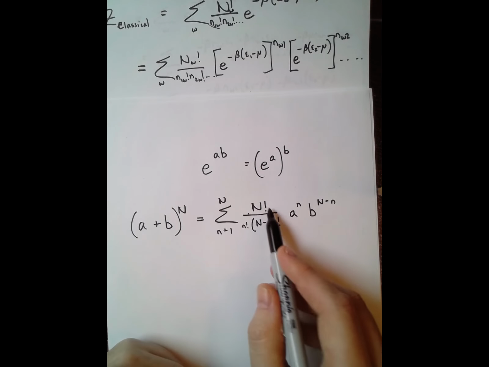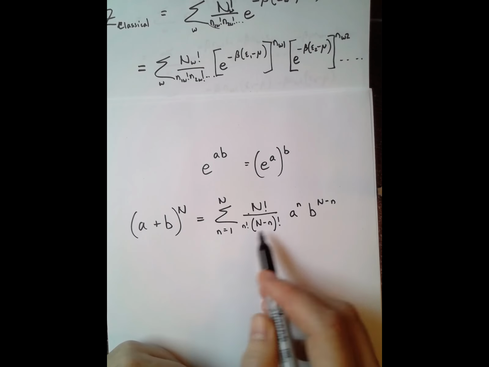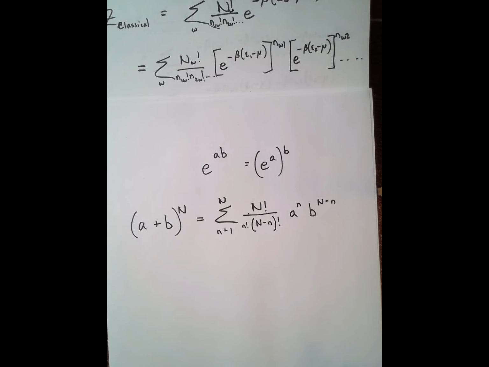So this is just the number of ways you can choose little n from big N.